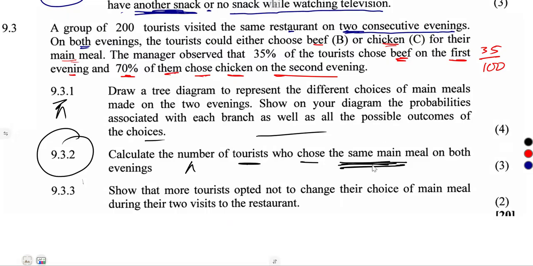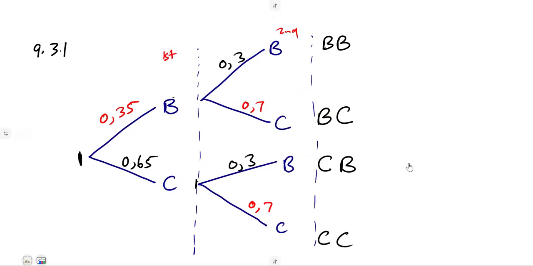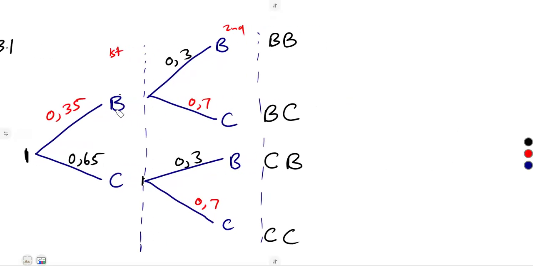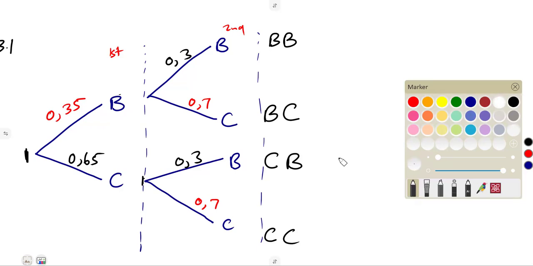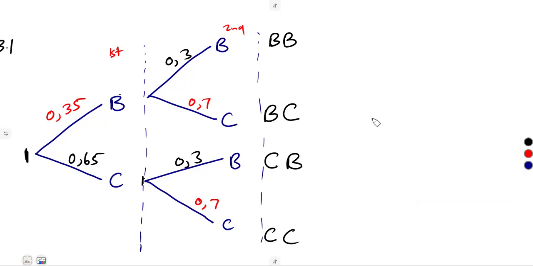That is, their main meal was the same on both evenings. Meaning to say, the first evening it is beef, the second one beef. First evening chicken, the second evening chicken again. Both the same. So that is what you're given there.